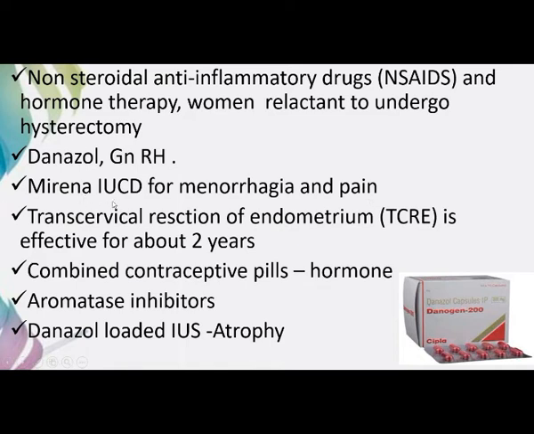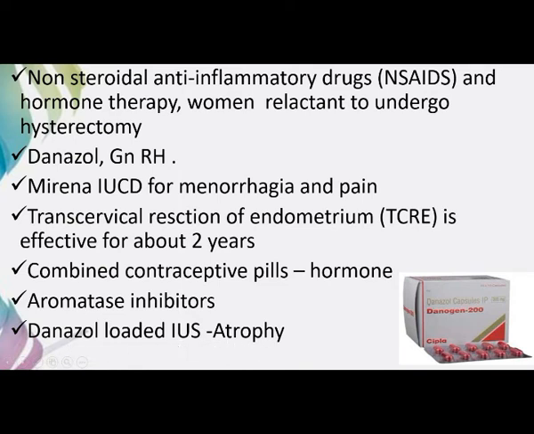When we introduce the Mirena, the bleeding will be reduced, and the pain during menstruation will also be reduced. Transcervical resection of endometrium, if done, is effective for about 2 years. Combined contraceptive pills, the hormone, can be given. Then aromatase inhibitors and a danazol-loaded intrauterine system can also be given.